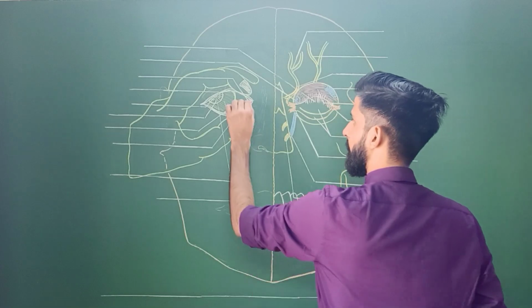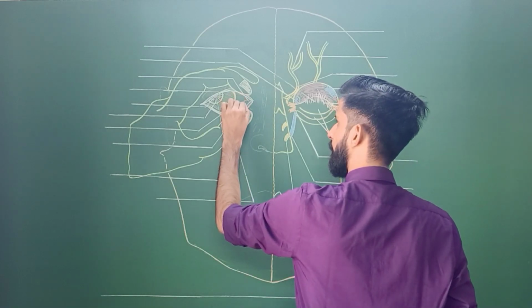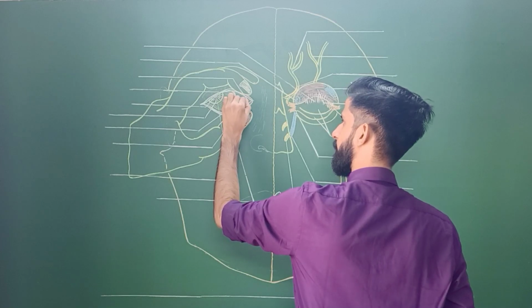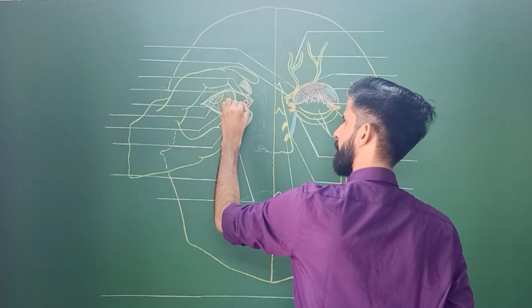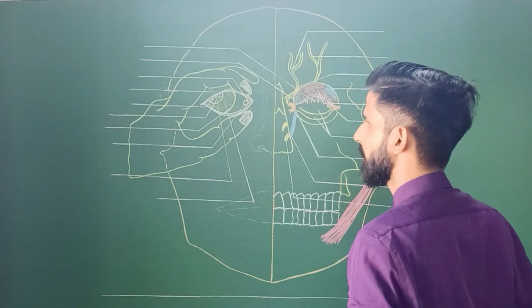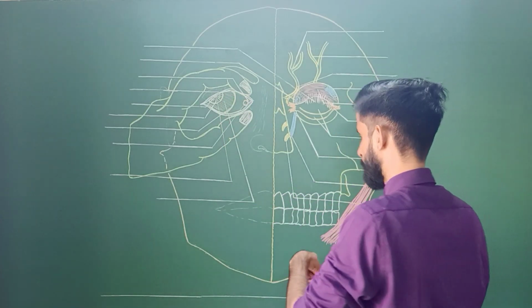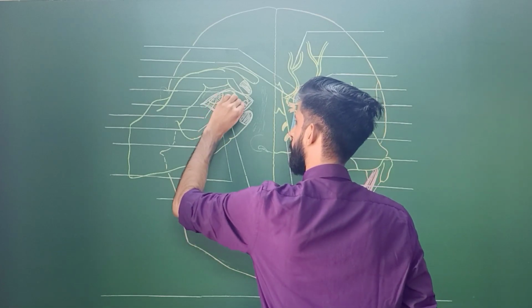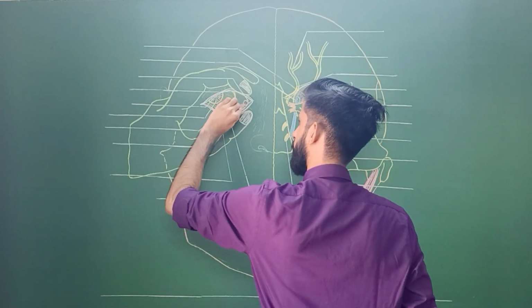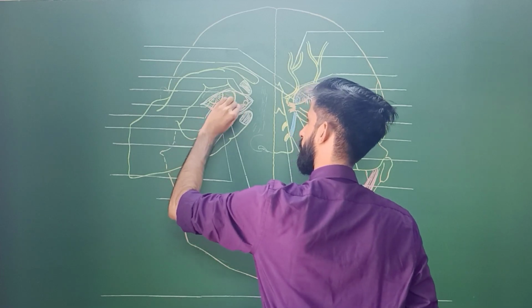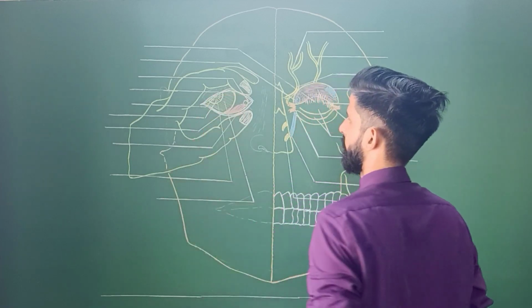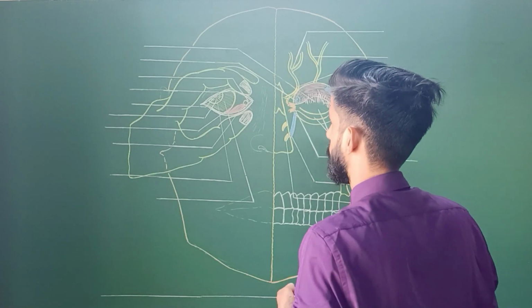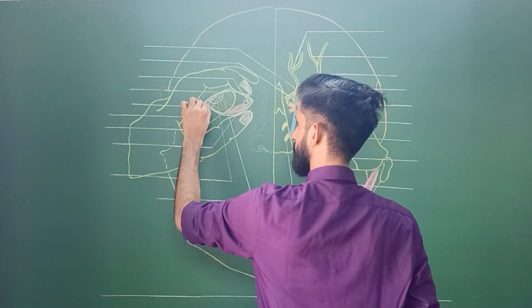Next, this is the Caruncula. And then we need to draw the eyelashes.